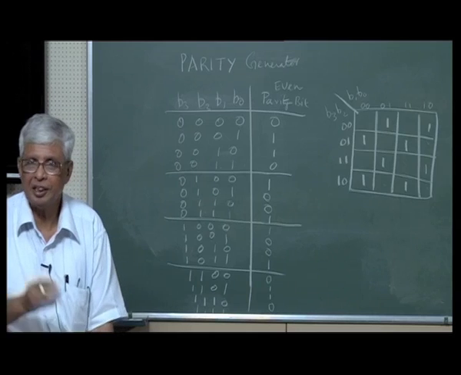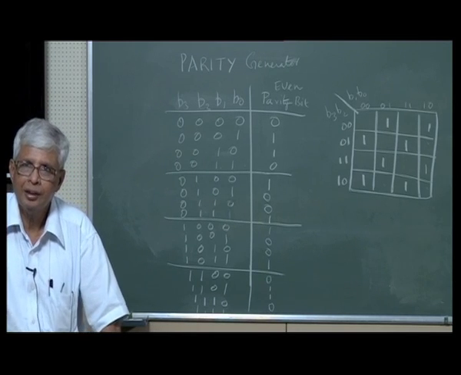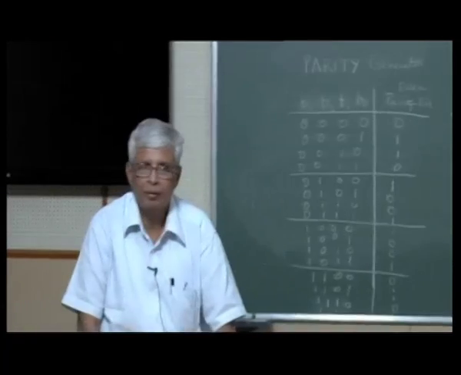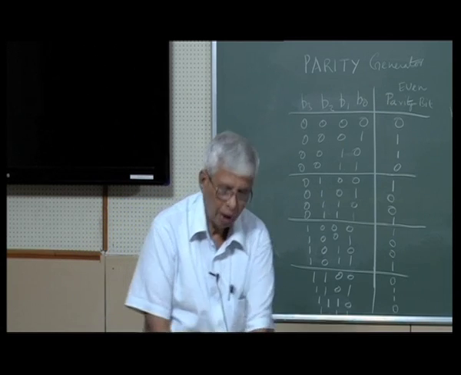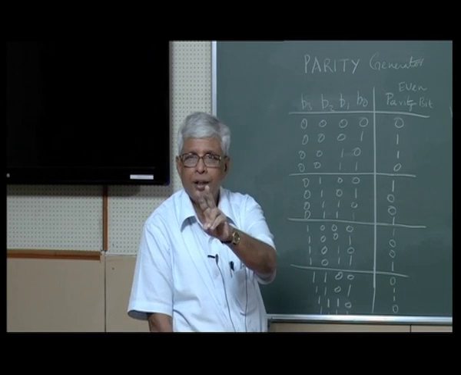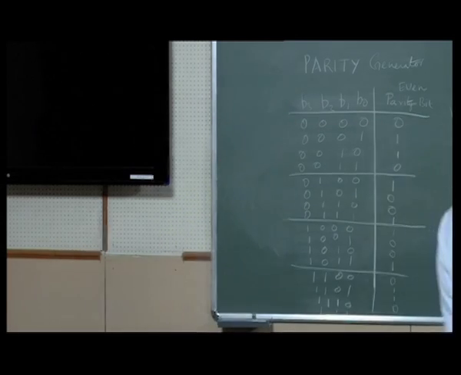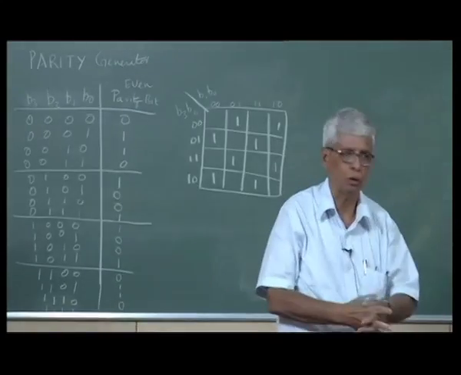Now we have to simplify this map, get the logic function and implement it using gates that we are familiar with. I want to give you 2 minutes to come up with solutions for this. Once you are done, you raise your hand, I will request Mr. Kannan to unmute you.